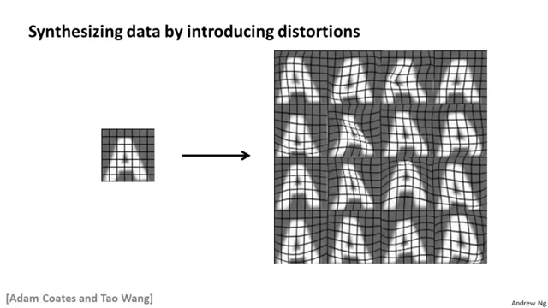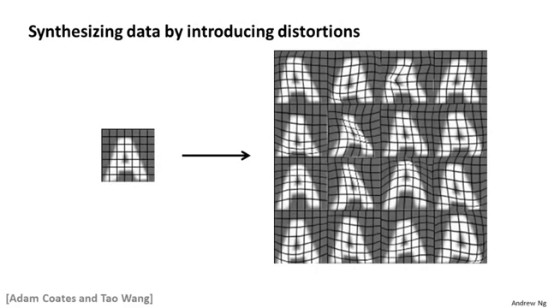But what you can do is then take this alphabet A, or take this image, and introduce artificial warpings or artificial distortions into the image, so that you can take the image A and turn that into 16 new examples. So in this way, you can take maybe a small labeled training set and amplify your training set to suddenly get a lot more examples out of it.